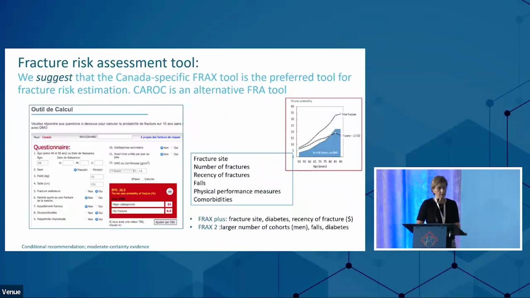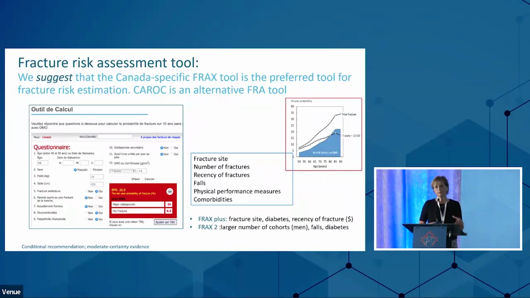So here is how we put it all together in terms of fracture risk assessment. We suggest that people use the FRAX tool. I think Steve and Dr. Leslie will go more into details about this.